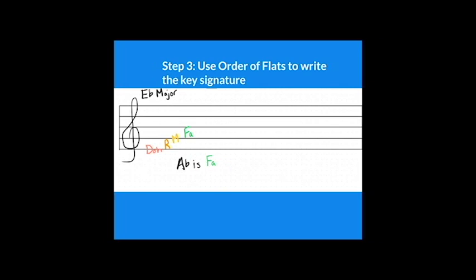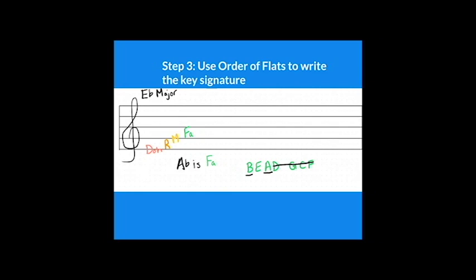So then we're going to use our order of flats to figure out what the rest of the key signature is. So we're going to write the word bead, B-E-A-D, and then greatest common factor. And we've already determined that A flat is fa and is the final flat in this key signature, so we can cross out these ones that come after it, and that means that we just need all of the ones that come before A flat in the order of flats.